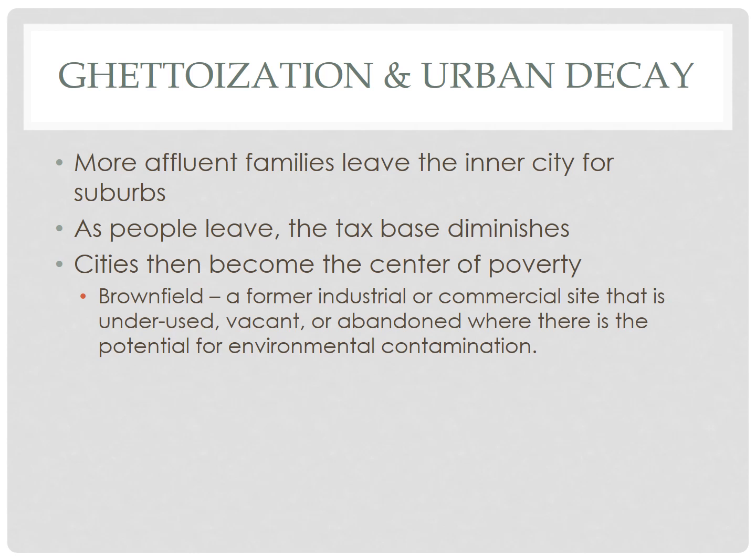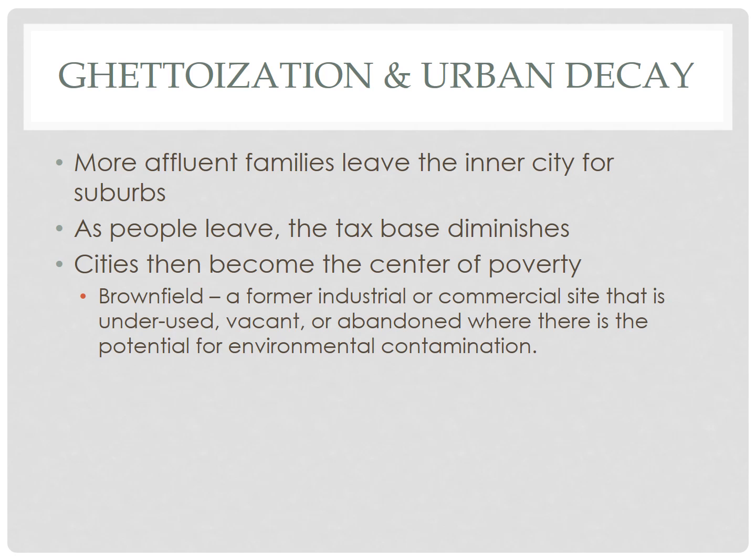Going back, this is a little bit of review from our migration unit, as well as ethnicity and other elements of culture that we talked about. As suburbanization is taking place, as we start to see more affluent families leave the inner city and move out to the suburbs, that tax base once again diminishes. That is another contributing factor. We talked about unemployment as diminishing the tax base, but there's also the element of out-migration, particularly to the suburbs.